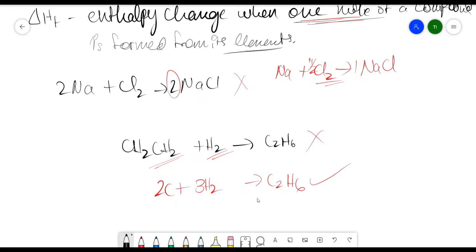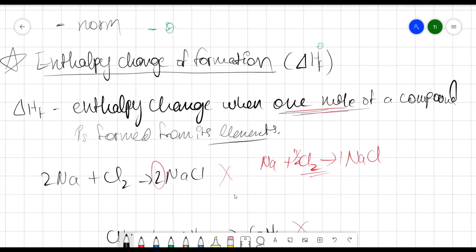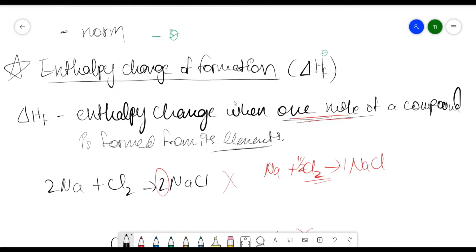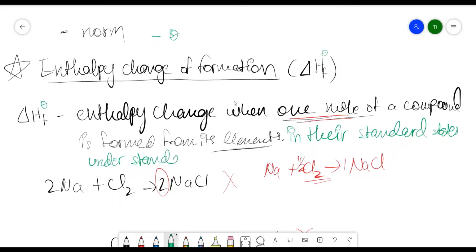So let's move back to our definition. Remember when I said that green ink would be used to represent if it's in standard conditions? In case this was in standard conditions, you wouldn't write anything here. Enthalpy change when 1 mole of a compound is formed from its elements in their standard states under standard conditions.